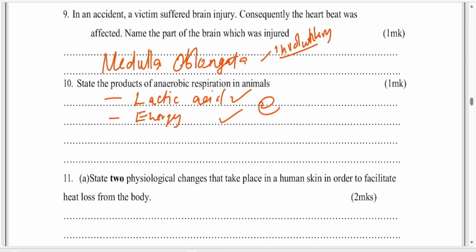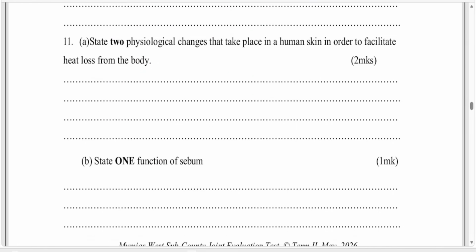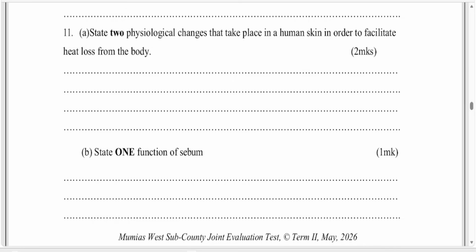Let's now move to the next question. The next question says, state 2 physiological changes that take place in human skin in order to facilitate heat loss from the body.